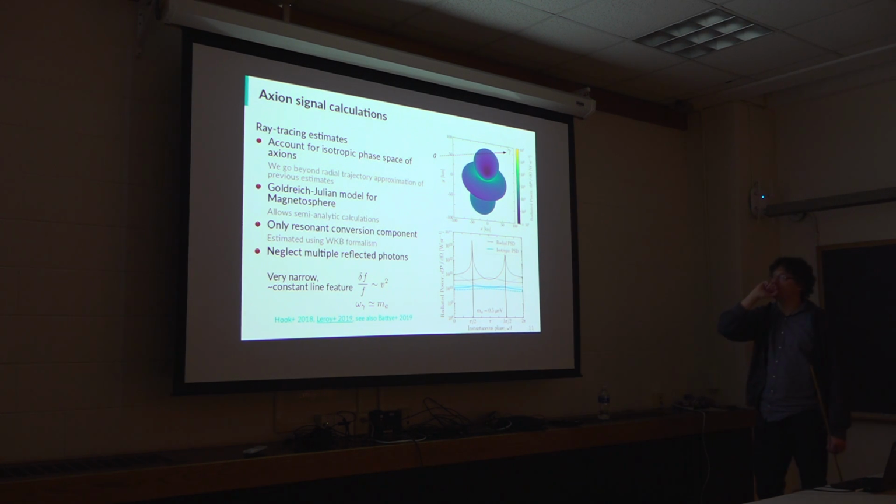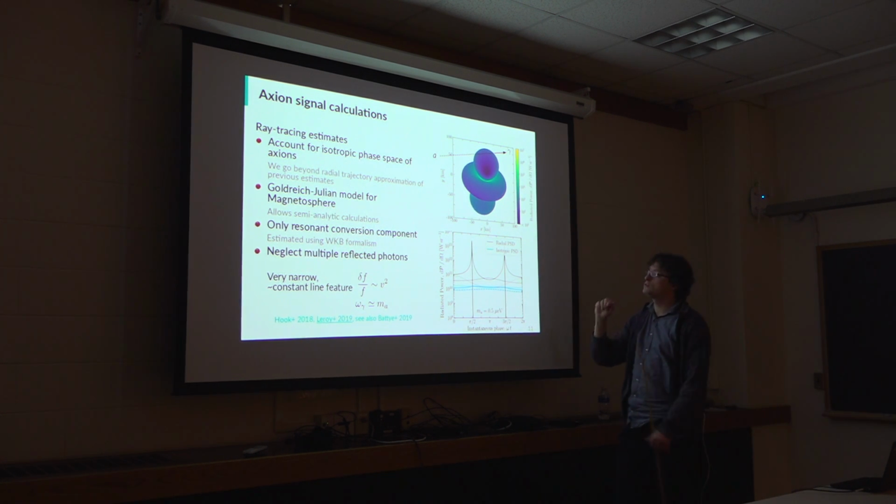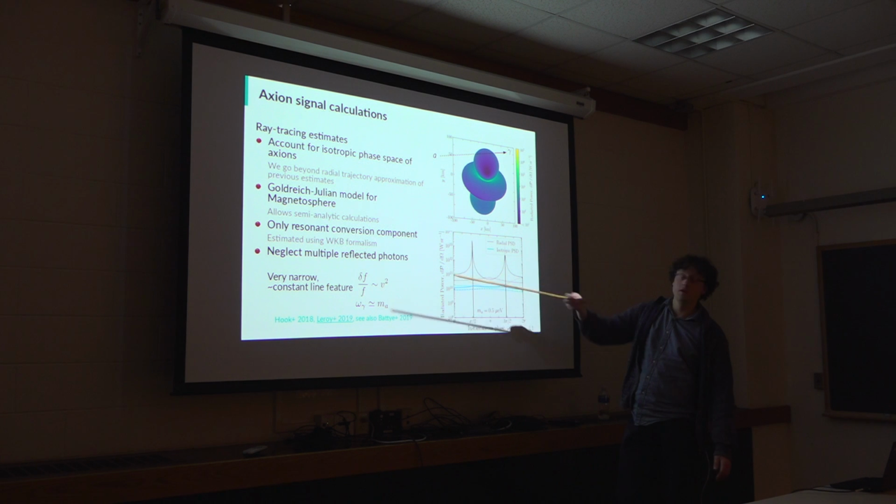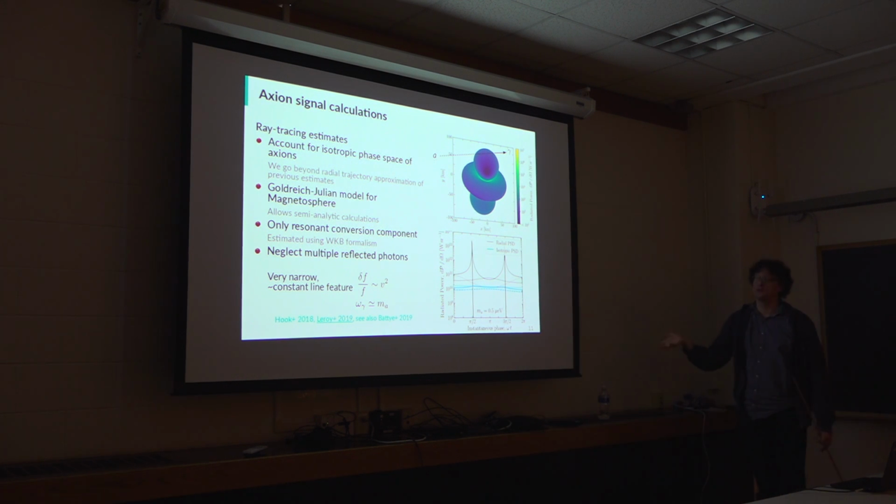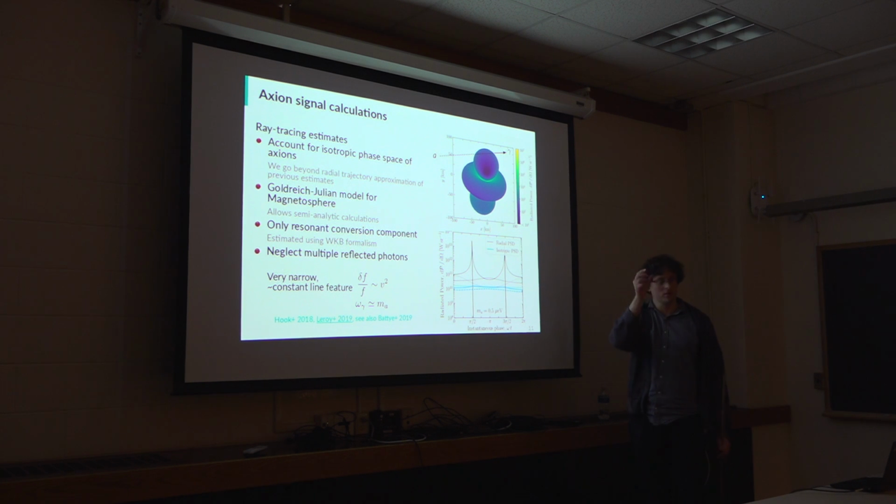For the model of the magnetosphere, we used, like in earlier papers, the Goldreich-Julian model. So we assume that the Goldreich-Julian charge density is all of the charge that is around, and it describes the charge density that is relevant for the plasma mass.